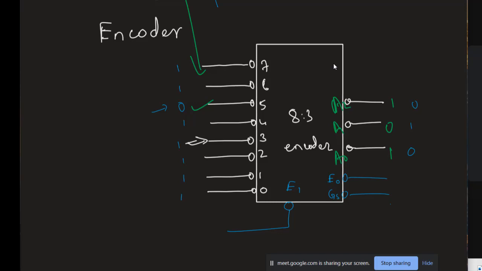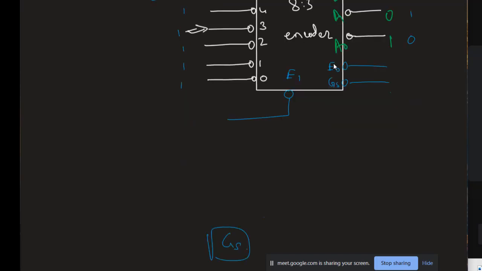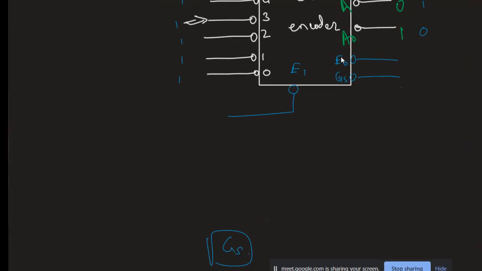That is the latch. To explain the latch, I am going to give you the basic idea about the flip-flop. Without the flip-flop, you cannot understand the latch. So let's start with the flip-flop.